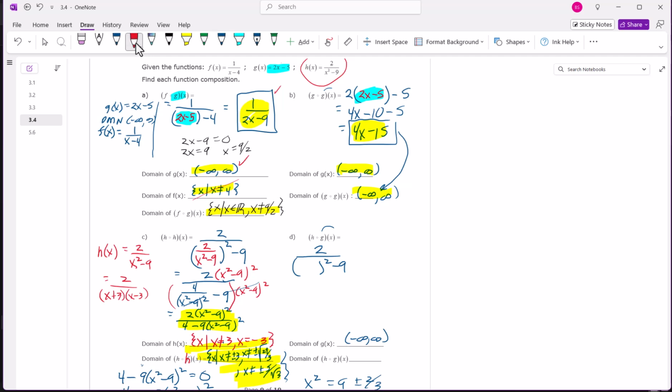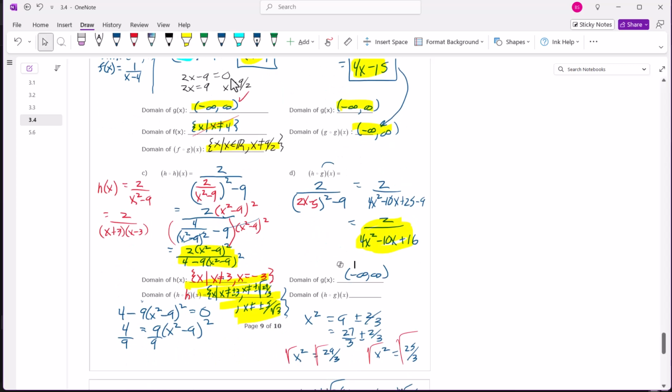And what we plug in is g, which is 2x minus 5, and work this out. You have 2 over, and if you FOIL this, you would have 4x squared minus 10x plus 25 minus 9. You can work out the details on that. So that's 2 over 4x squared minus 10x plus 16. Okay, so we end up getting that.